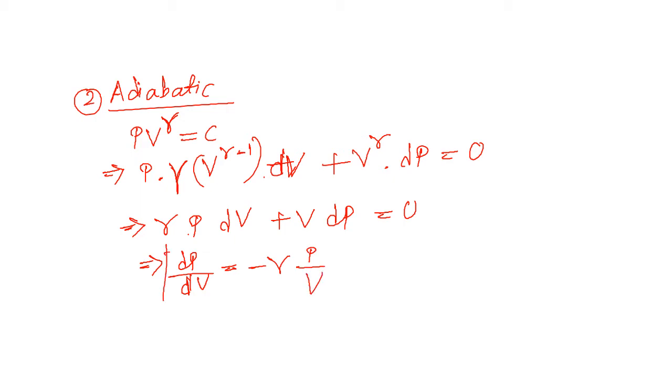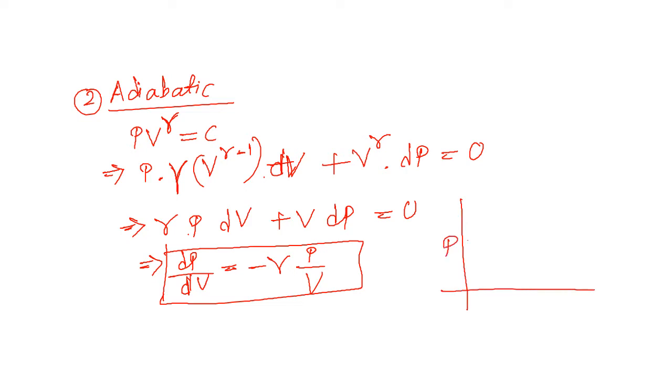This is the adiabatic equation. How do we draw it on the PV diagram, the pressure volume diagram? It is a little bit steeper, meaning a little bit more downward.